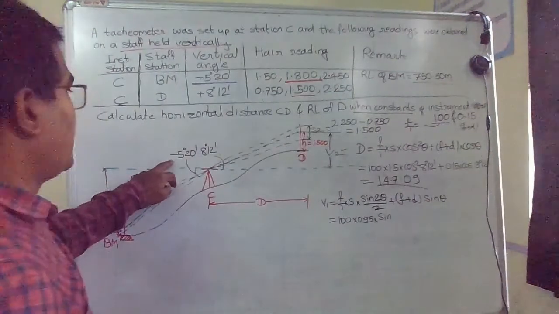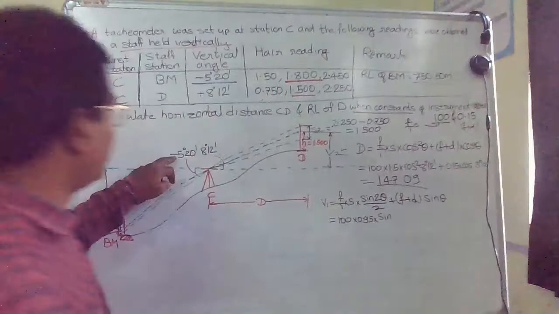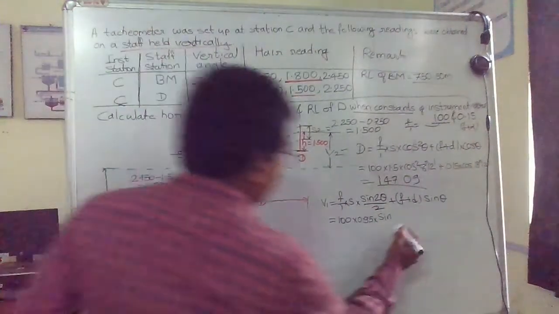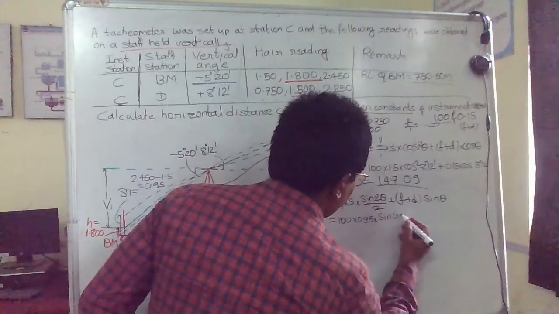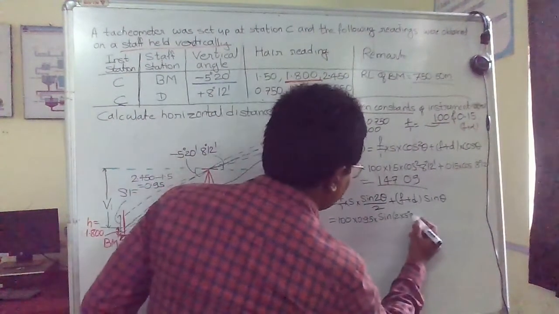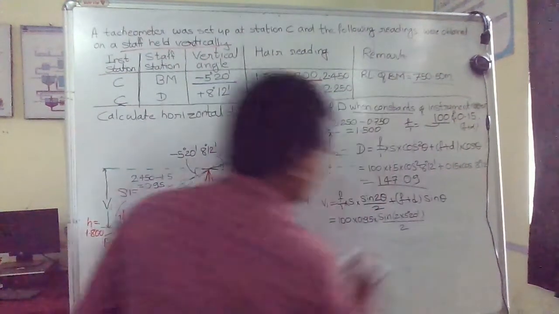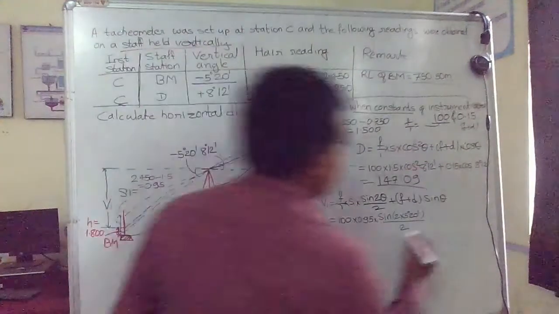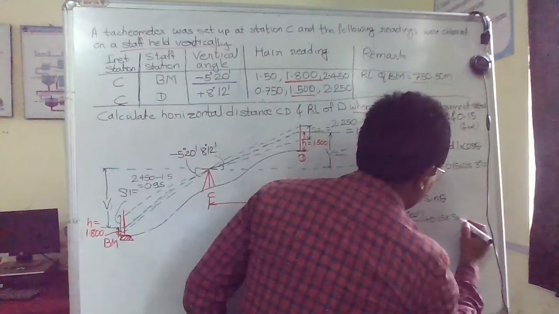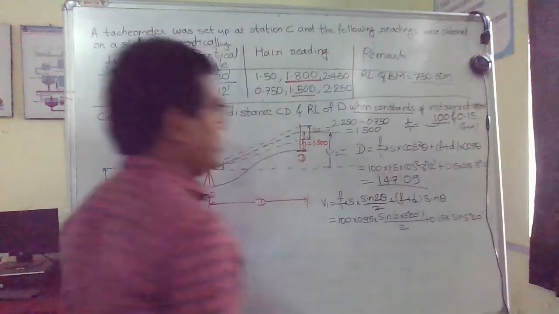Here the angle is 5 degree 20 minutes, so we have to double it: sine of 2 into 5 degree 20 minutes, divided by 2, plus f plus d, that is 0.15 into sine of 5 degree 20 minutes.